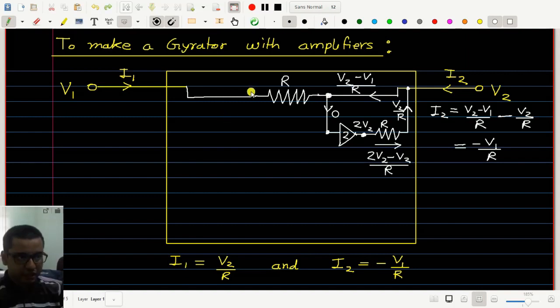Right now this current is V1 minus V2 by R, and we want I1 to be equal to V2 by R. So let us first turn this minus V2 by R into plus V2 by R. For that, let me take an amplifier.